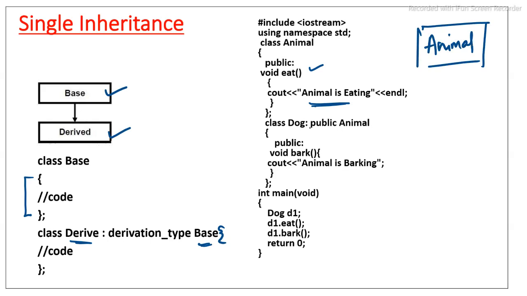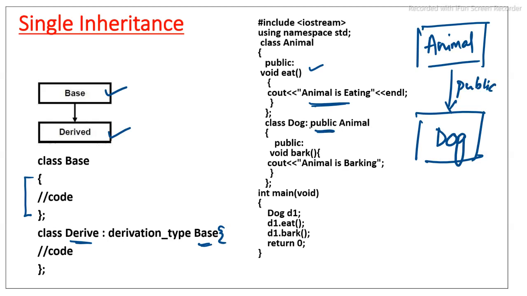Similarly, class dog is inherited from the animal class, and it is publicly inherited. So the derivation type is public here. That's why in the syntax for the derived class dog, we have mentioned public animal, publicly derived from the animal class. And inside the dog class, void bark is the public member function we have taken.